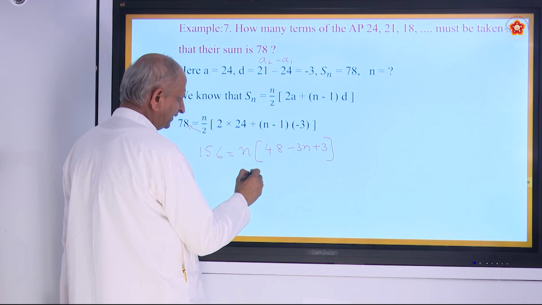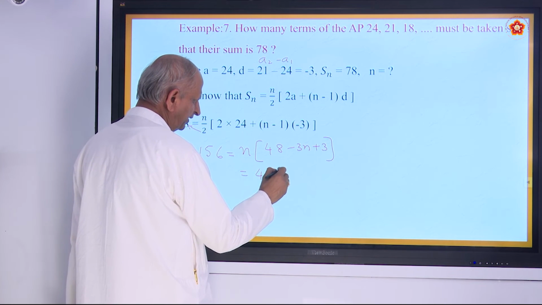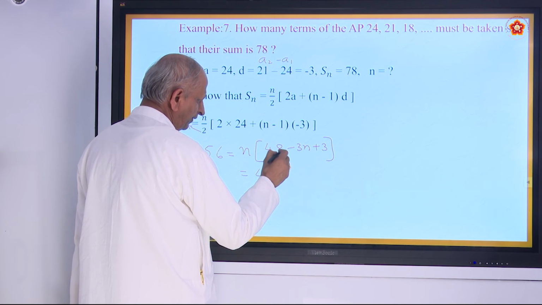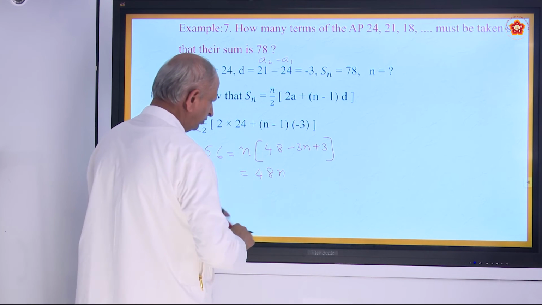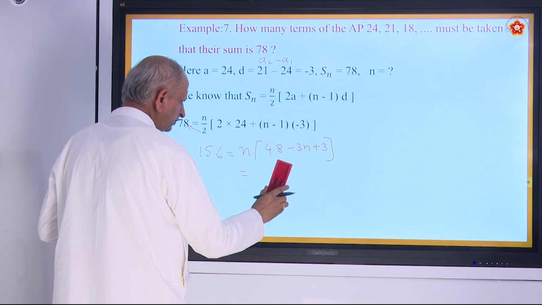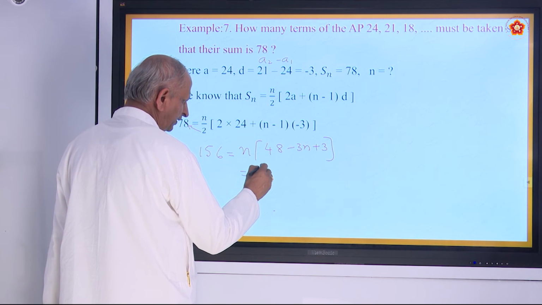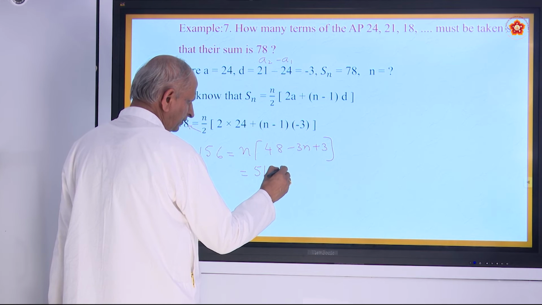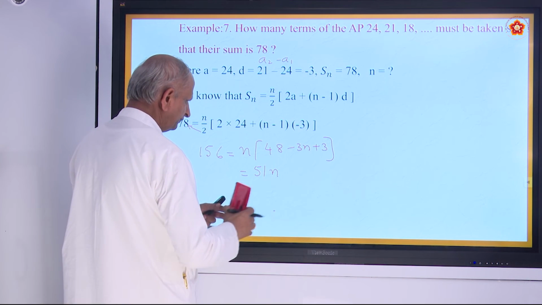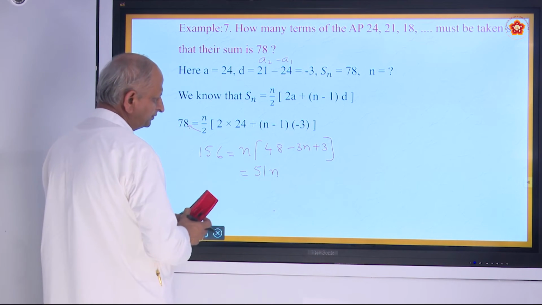So if you remove bracket, this is 48n, 48 plus 3, you make it once for all. How much it is? 51n.